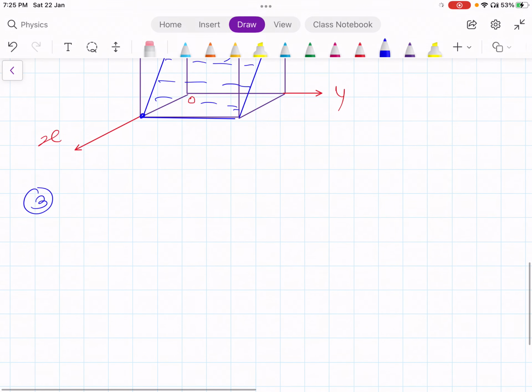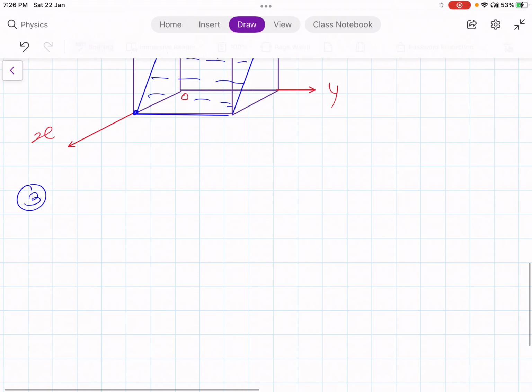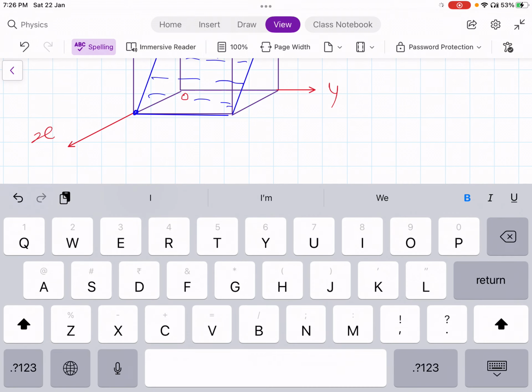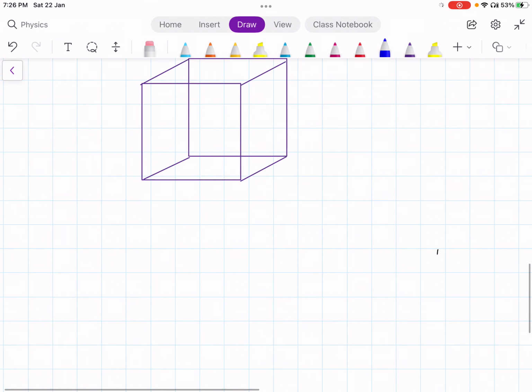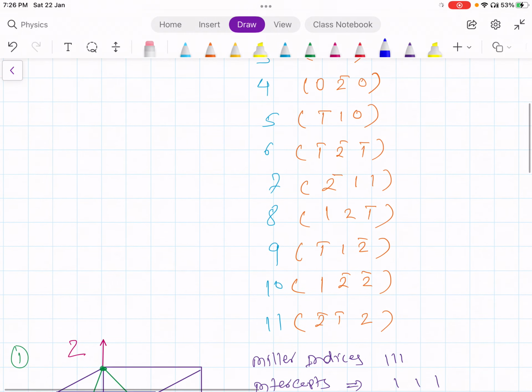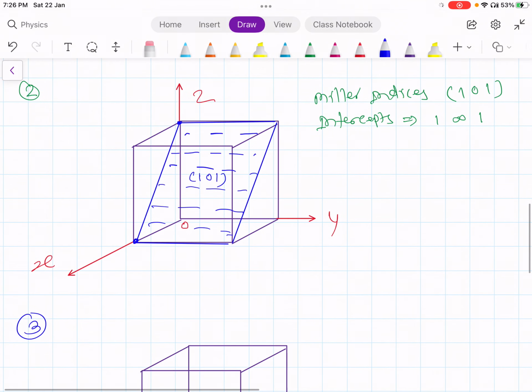Third plane. First the unit cell. This is the unit cell. So let's see the third one, which is 0, 1, 1.